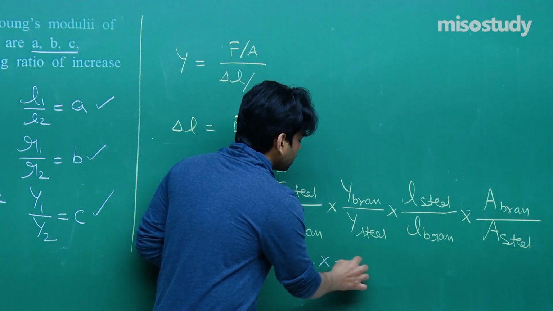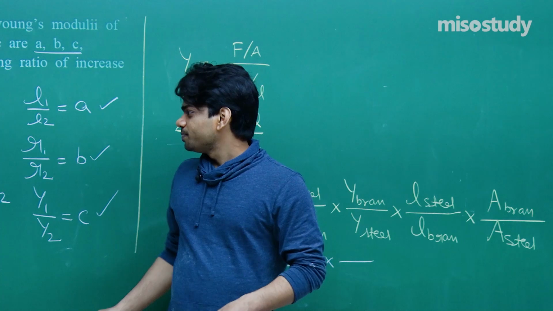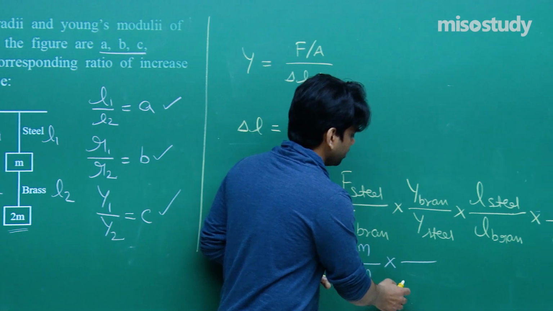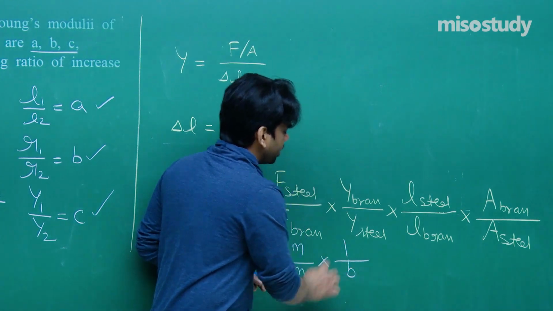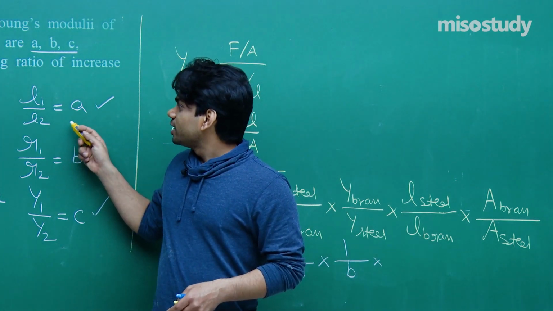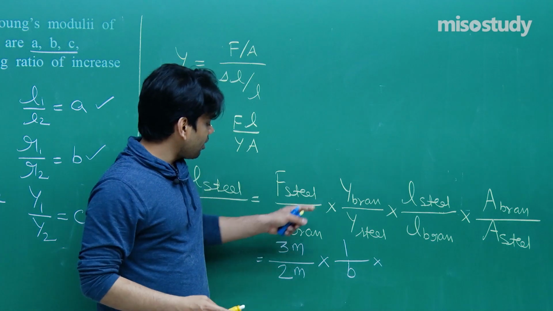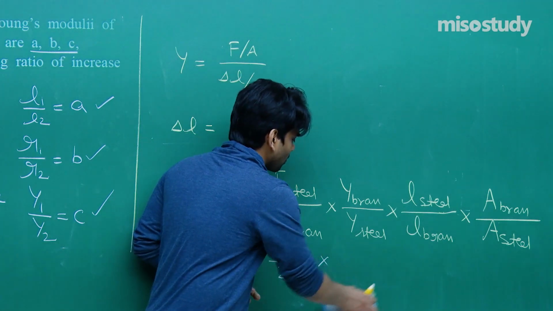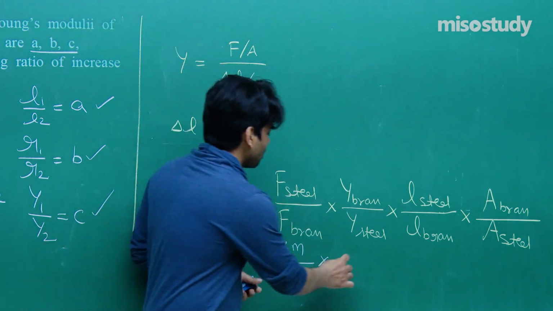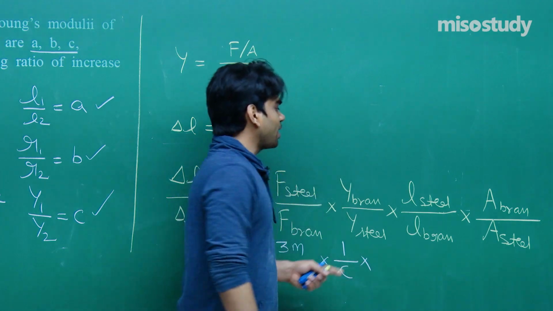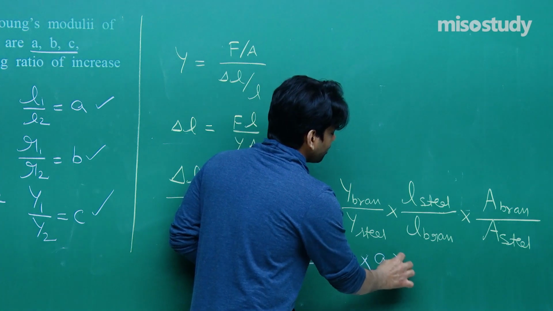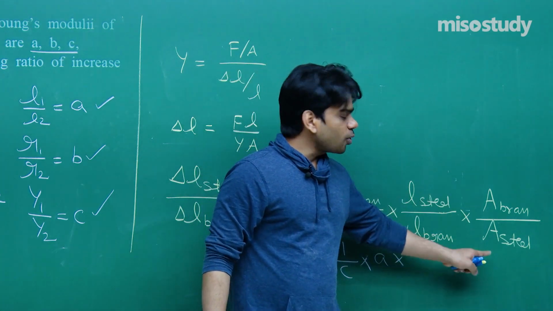Now Young's modulus of brass divided by Young's modulus of steel will be just the inverse of this, that will be 1 by C, because brass is in the numerator. Now length of steel upon length of brass, that is A. We wrote here for Young's modulus that it is equal to 1 by C multiplied with length of steel upon length of brass, that is A. So here you will be getting A. Now here you see area of brass upon area of steel.